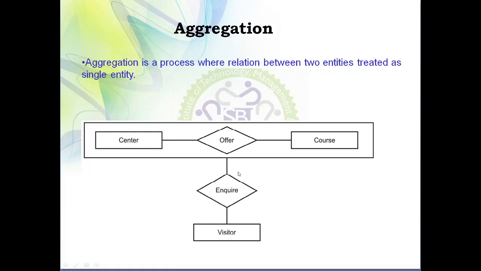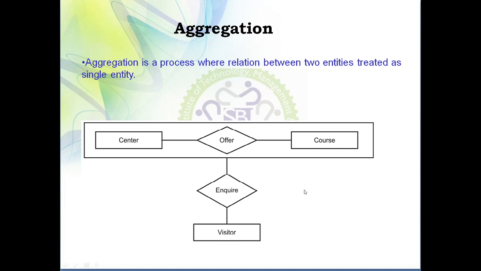Now the next approach is aggregation. So what is the concept of aggregation? In this case we can say that offer is a relationship between center and course, and later on it becomes an entity. So aggregation is a process where a relationship between two entities is treated as a single entity in another case.